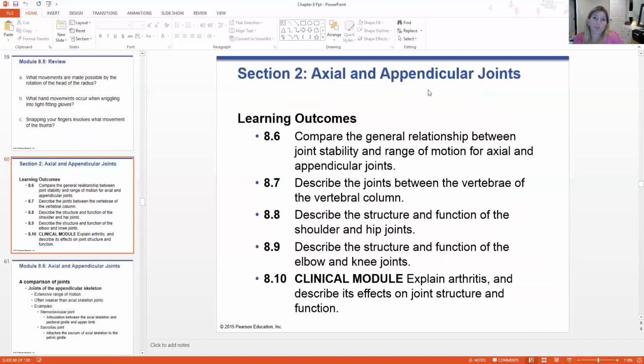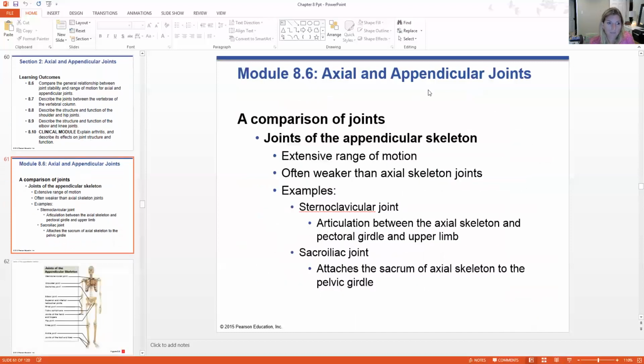Now we're going to go into some specific joints. So these are the outcomes for this new little section. You can see them in your chapter guides. So let's talk about joints of the appendicular skeleton. They typically have a huge range of motion. Again, weaker than the axial joints because they have a bigger range of motion.